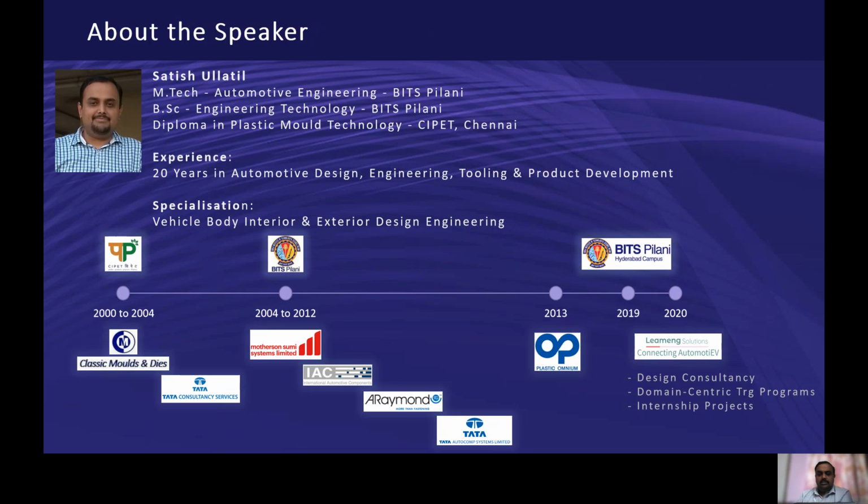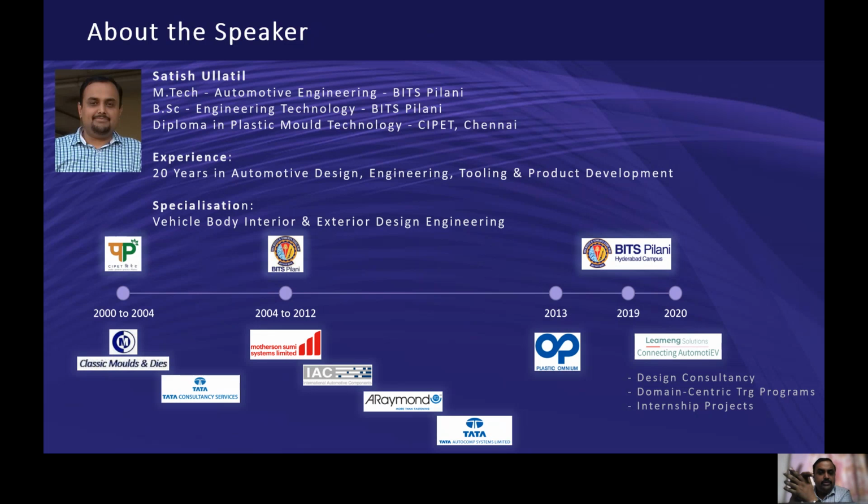If I look here, this is a career graph. I started my career after completing my diploma from CIPET in plastic mold making in the year 2000, where I worked for a couple of small-scale organizations in the manufacturing of injection tools and dies. Then I switched over to TCS, where I had a brief stint designing gas turbine and steam turbine products, which was not related to automotive.